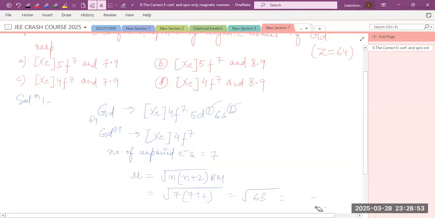Directly you can write the answer as 7.93, under root 63, Bohr magneton. So which option is correct? It is option A, right? Xenon 4f7 and 7.9.